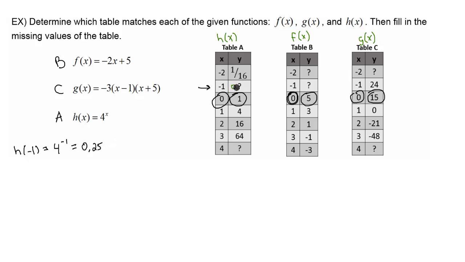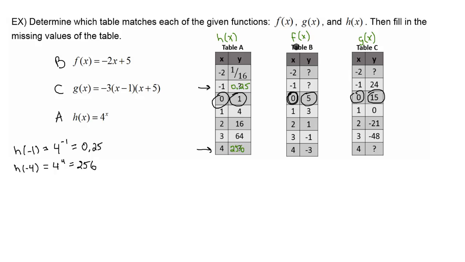So I'll plug that in right over this question mark. That's going to be 0.25. And I'm going to do the same thing for an input of 4 right here. It looks like that's going to be 256, and I'm going to plug that into my table. So my question mark turns into 256.